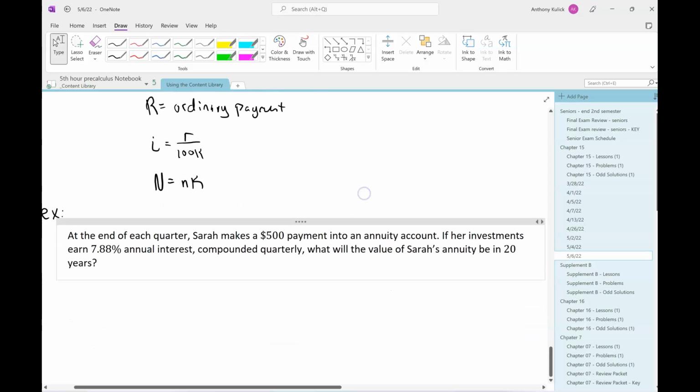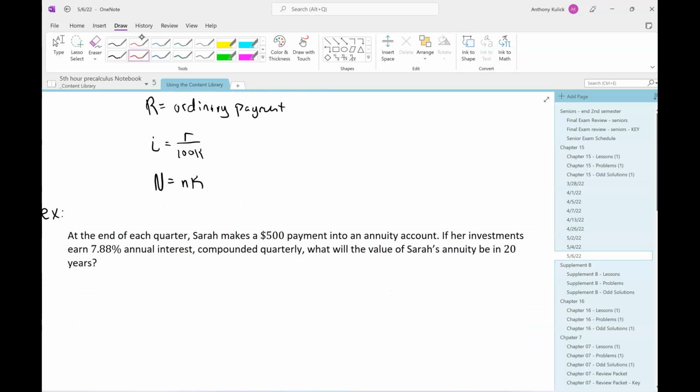All right, so let's run through an example. At the end of each quarter, Sarah makes a $500 payment into an annuity account. If her investments earn 7.88% annual interest, compounded quarterly, what will the value of Sarah's annuity be in 20 years?